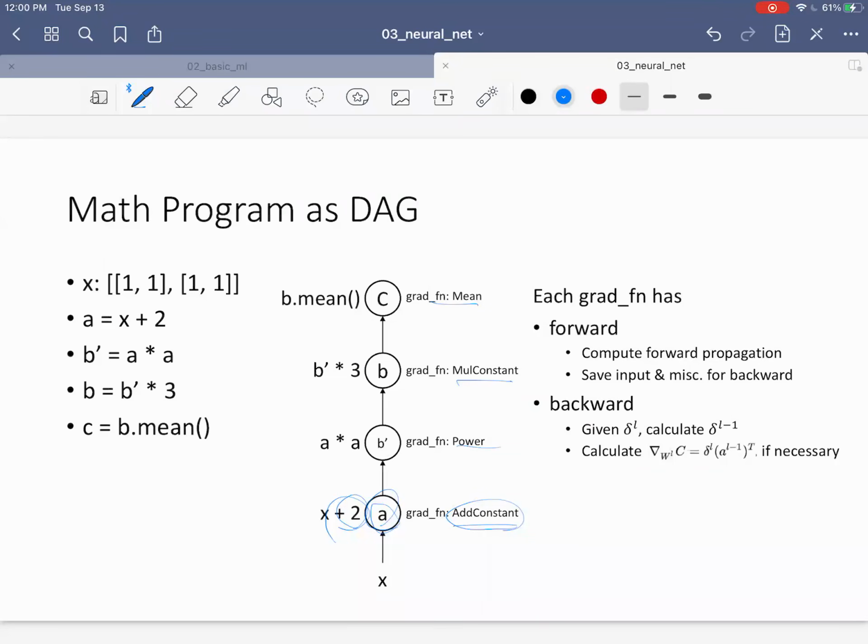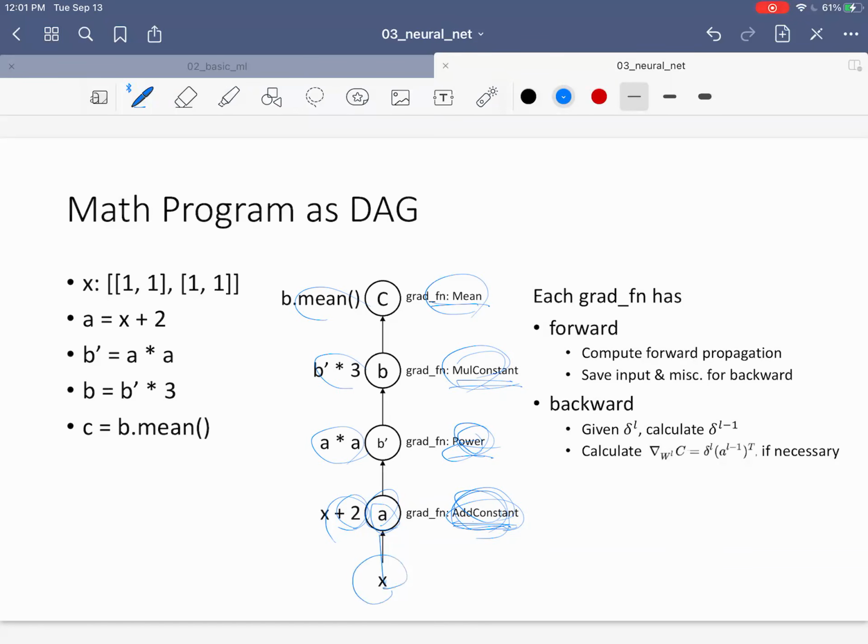Then there's power, then multiply constant, and then the final mean function. Each mathematical operation also needs to come with a derivative. But add constant and multiply constant don't have a derivative to learn. Right, so once you have this, you do a forward.